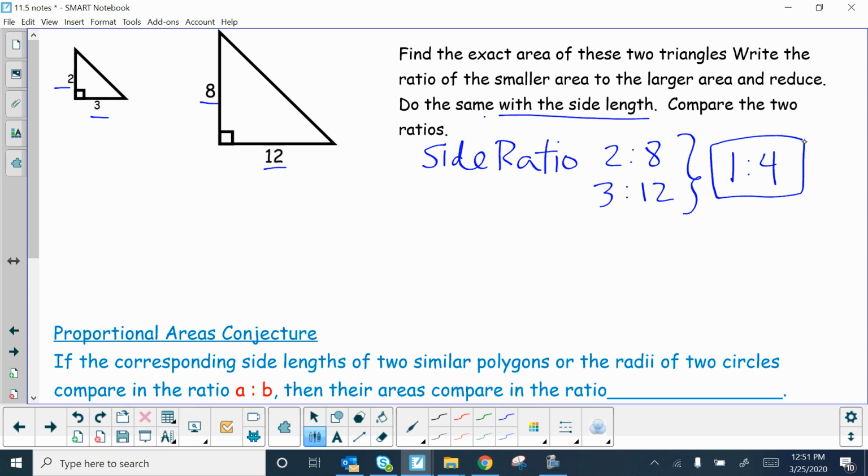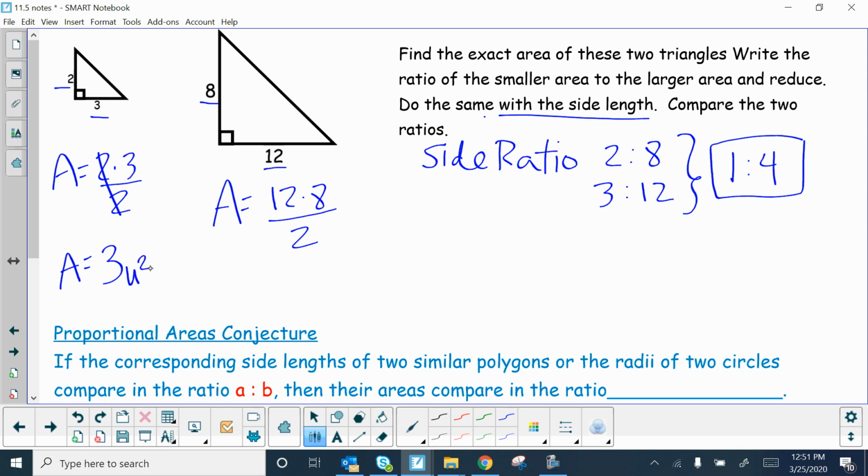So now let's focus on the area. The area equals base times height divided by 2. The area of this guy equals base times height divided by 2. So this reduces, so the area of this first one is 3 square units. And the area of this guy is 48 square units. 3 and 48.